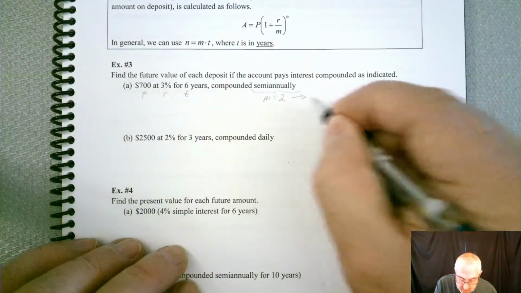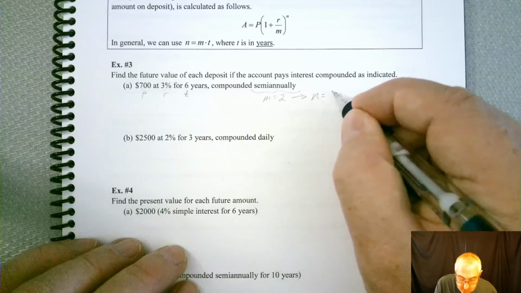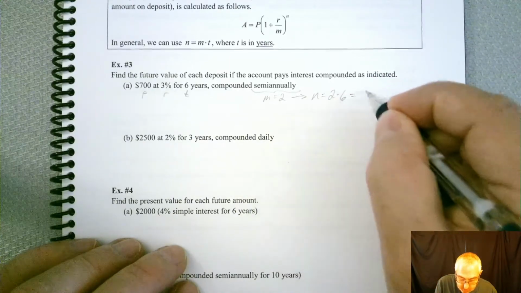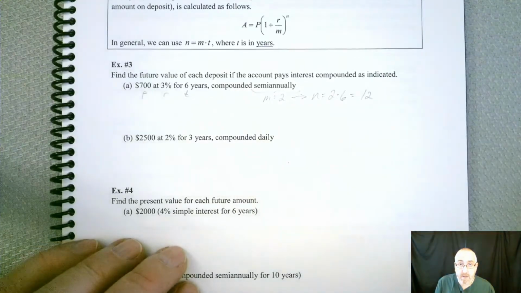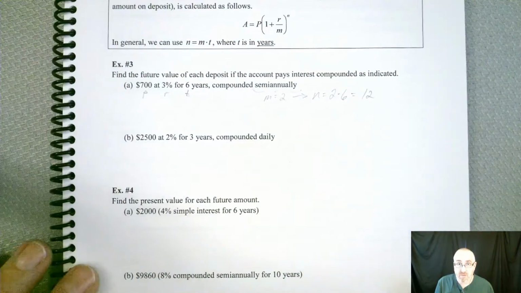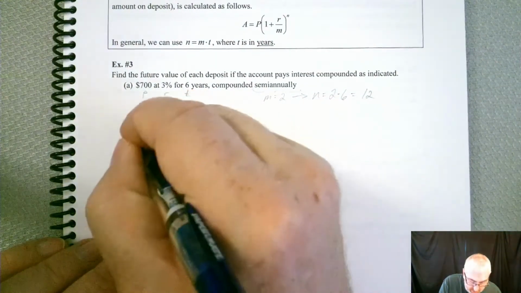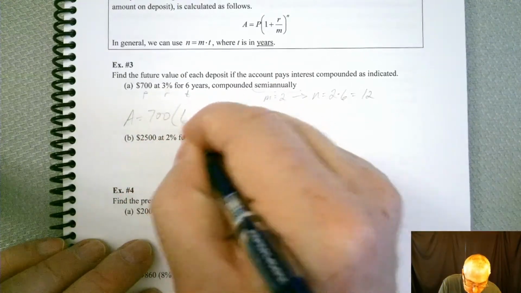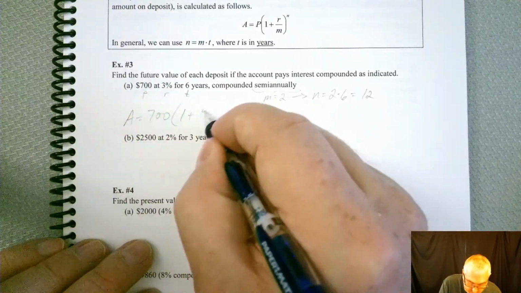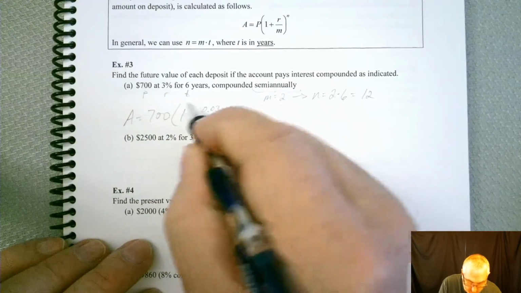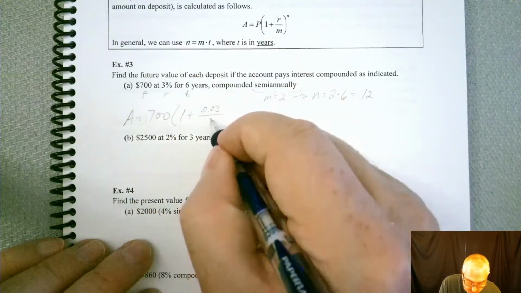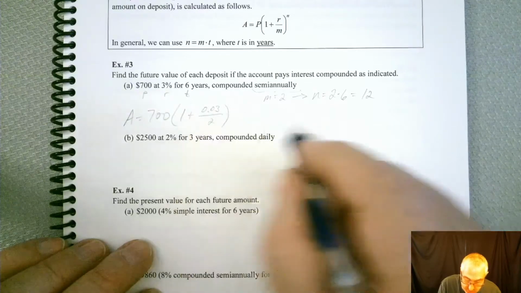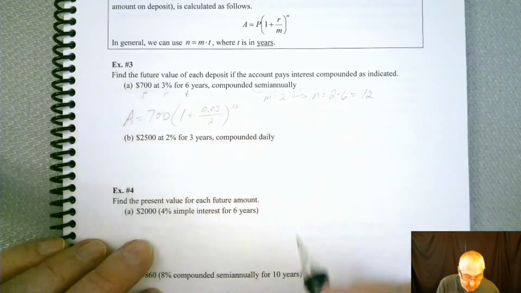So that means that N is equal to 2 times 6, which is 12. So now we have all the pieces for our formula. So we got A equals 700 times 1 plus R, so 0.03, over M, which is 2, raised to the 12th power, which is our N.